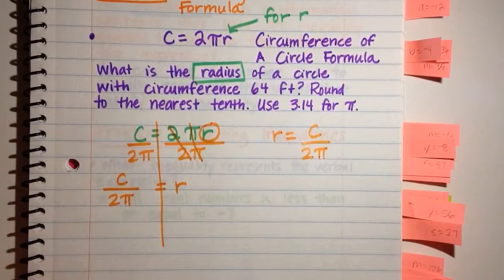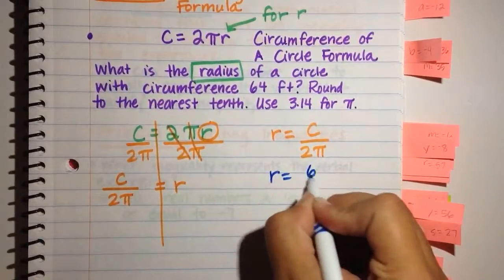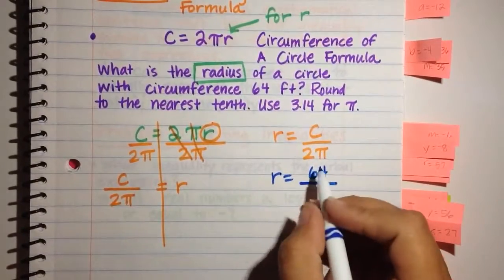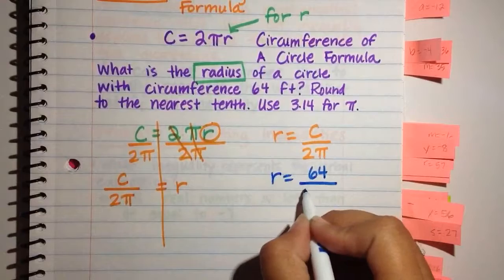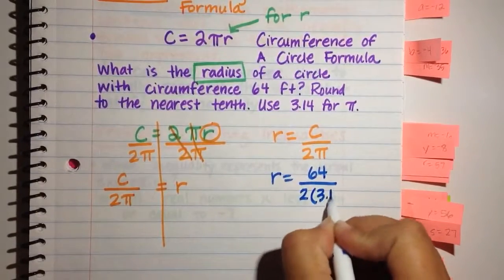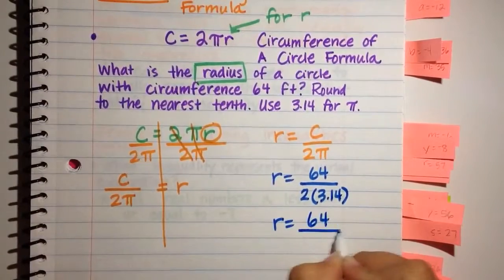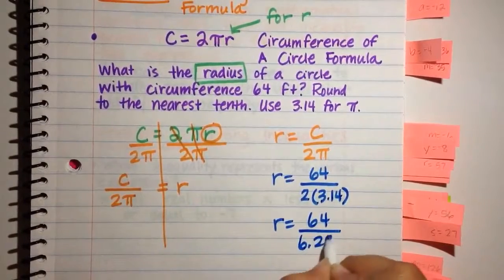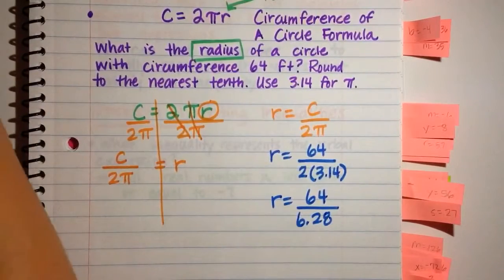Now I'm going to look back at my problem. It says, what is the radius of a circle with a circumference of 64 feet? So I'm going to put 64 in the place of circumference. It says to round to the nearest tenth and use 3.14 for pi. So I'm going to say 2 times 3.14, so that's 64 divided by 6.28.